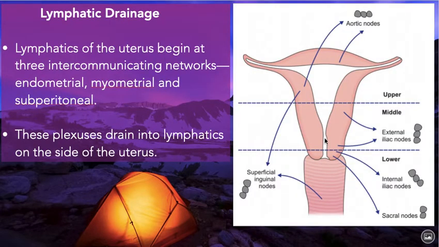The lymphatic drainage. The lymphatics of the uterus begin in three intercommunicating networks, one endometrial, the other myometrial, and then we have the subperitoneal. These plexuses drain the lymphatics onto the sides of the uterus.